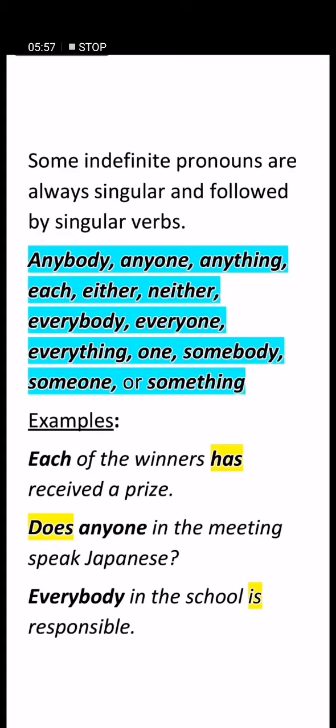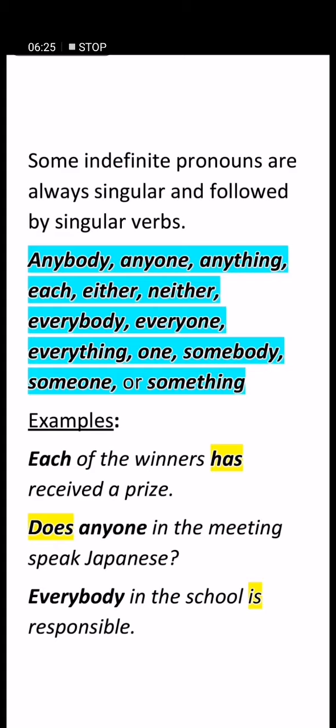Examples: each of the winners has received a prize. So the indefinite pronoun here is singular, and in fact it determines the verb or the agreement. We have nothing to do with the object of the prepositional phrase, because the indefinite pronoun is always singular, so the verb should be in the singular form, has.